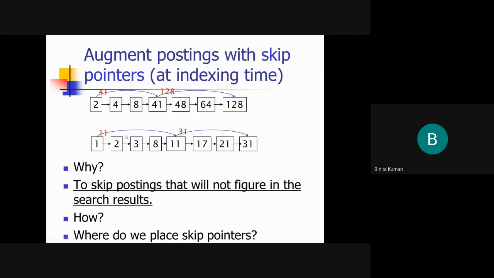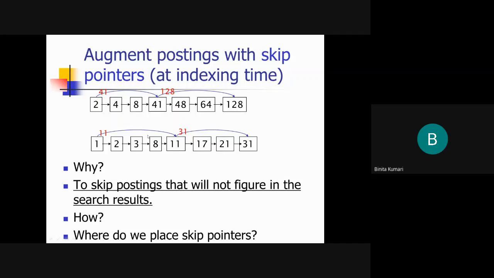So its pointer will go to the next. Similarly, its pointer will also now move to the next document ID. Now 4 and 3 will be compared. We see 3 is less than 4. Again, this pointer will go to the next, and again 4 will be compared with 8.